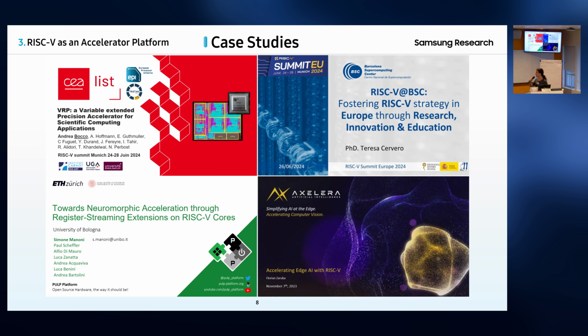your application. The second example is BSC. BSC is Barcelona Supercomputing Center. They are developing really huge HPC-class CPUs, and they are currently experimenting with RISC-V for their next generation of HPC supercomputing chips. What's really interesting is that they're also adopting RVV as one of the cornerstones of their chips.